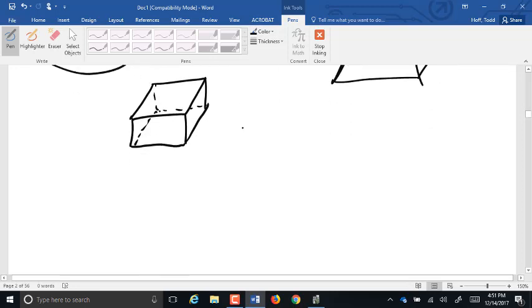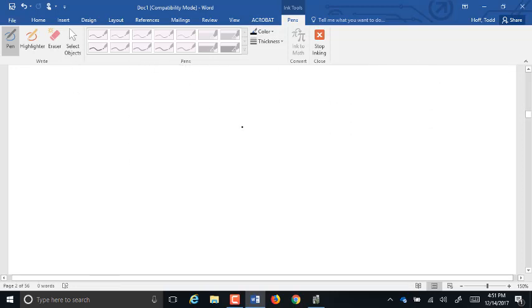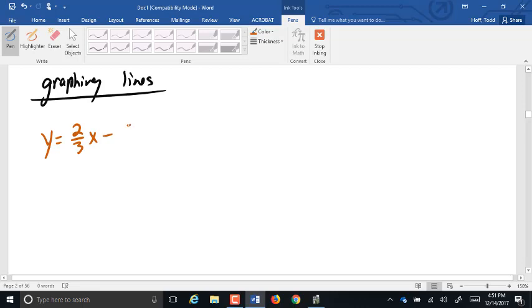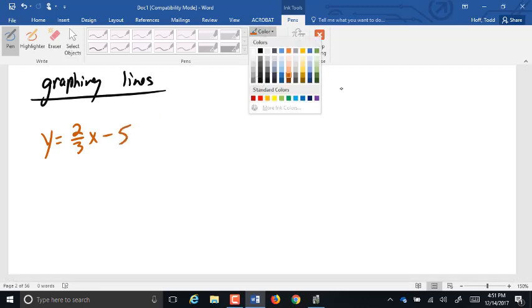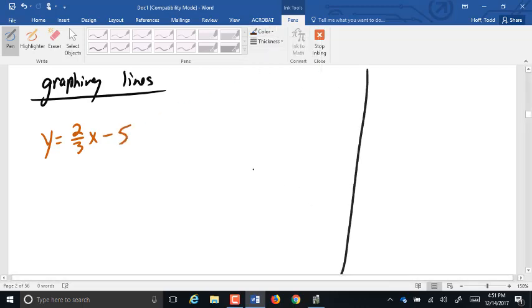Last thing we need to review from about a week or so ago. Graphing lines. If I give you an equation, y equals 2/3 x minus 5.